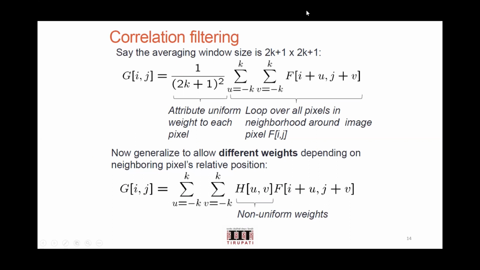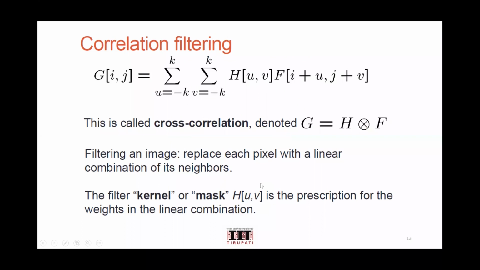Okay, so by the way, we have written initially 1 by (2k plus 1) whole square, but later onwards we will ignore that part, because this is again we are writing as a correlation, the weighted function there. That's why it is initially there, but then you could always embed that in your kernel. This is referred to as kernel and mask.